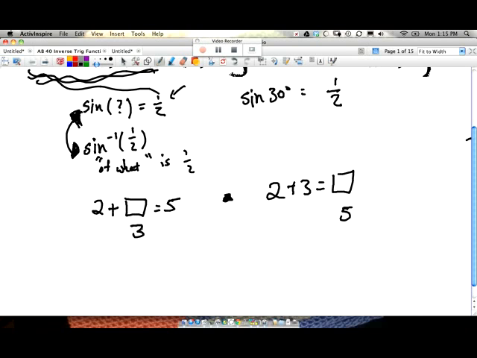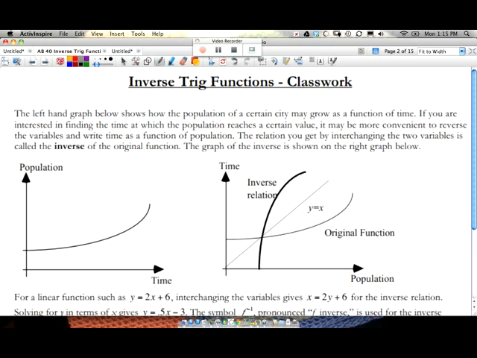Figure that one out. I think it's 3. Same idea, same equation, same relationship, both sides equal 5, but working through these problems requires a little bit better understanding to fill in a middle piece, where we're going to do some type of inverse relationship. So let's iron out some details here.